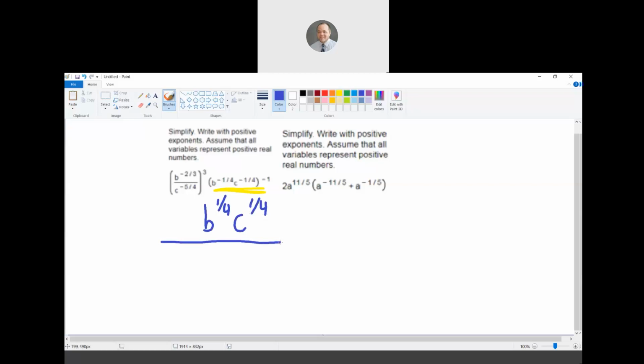We're also using the power rule to simplify the fraction. So we'll take each inside exponent and multiply it by the outer exponent.